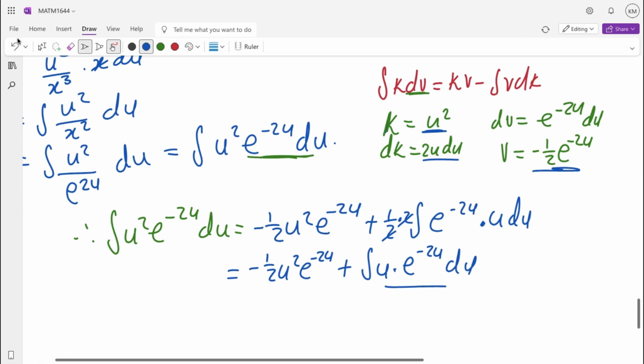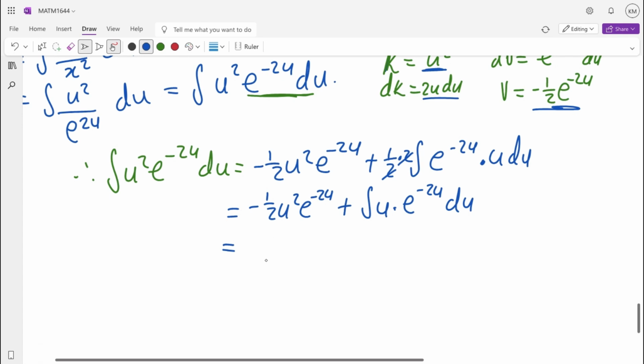So let's quickly do that. I'm going to do it quickly, then you can confirm if you get the same answer as me, so we don't waste a lot of time. So we have minus 1 over 2 u square e to the minus 2u, then plus. Now I'm going to choose my u as this u, and whatever remains is my dv.